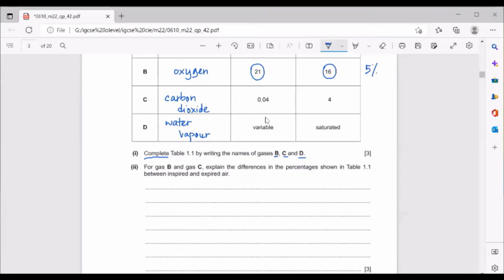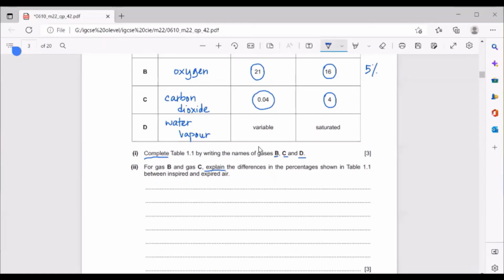For gas C, carbon dioxide, the air that we breathe in contains only 0.04% of carbon dioxide, while the air that we breathe out contains up to 4% of carbon dioxide. So now, what you need to do is to explain the differences in these percentages. Oxygen is needed in aerobic respiration.